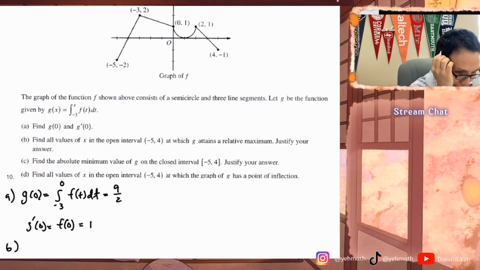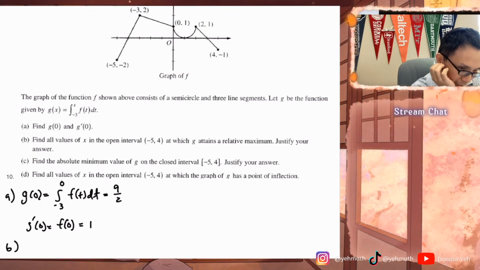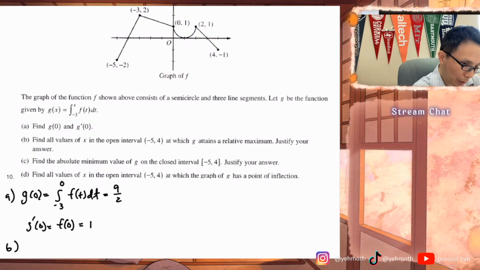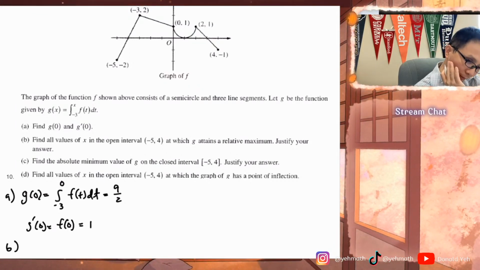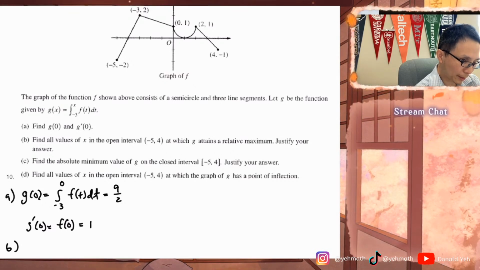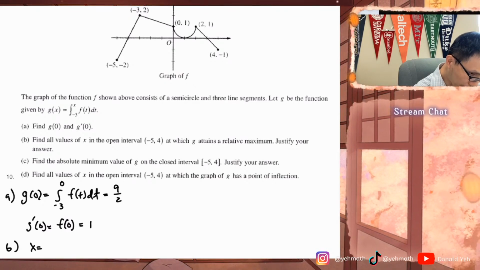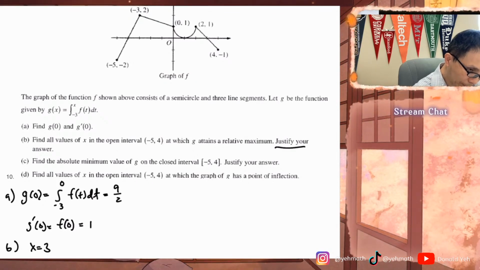Find all the values of x on the interval where g attains a relative maximum. So attain relative maximum, and where will that be? Just x equal to 3. X equal to 3, you just earned one point. And they say justify.